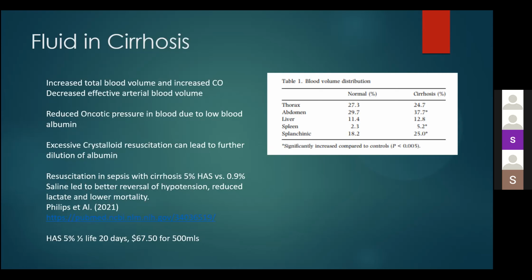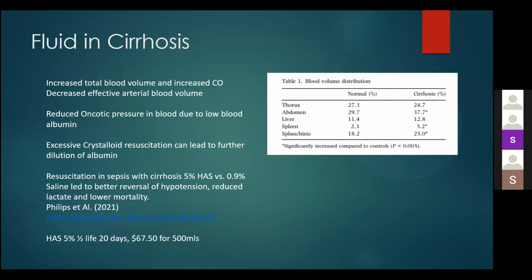Studies have been performed on whether resuscitation in cirrhotic patients with albumin solution or saline is better. And in the situation where these patients are coming in with sepsis and hypovolemia, one study showed that resuscitation with 5% HAS showed much better reversal of the hypotension, quicker resolution of the lactate, and a lower mortality in general.